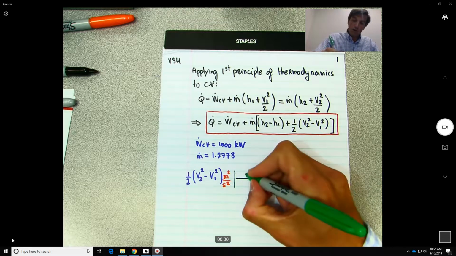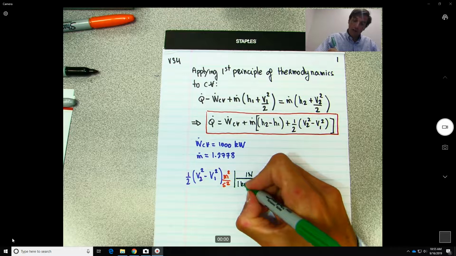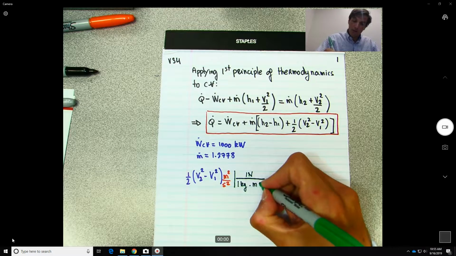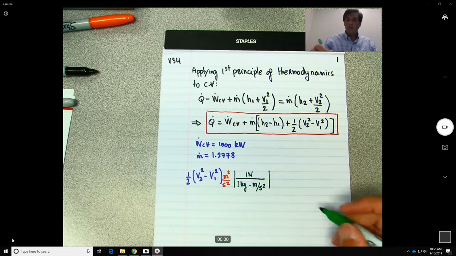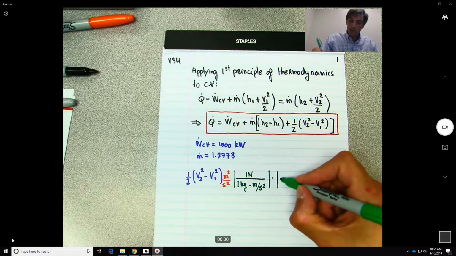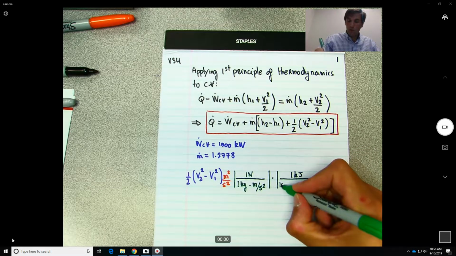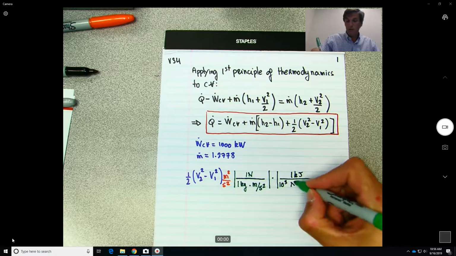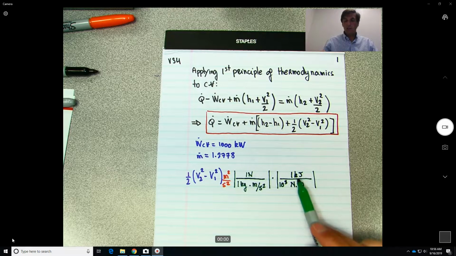So we're going to have 1 Newton equal to 1 kilogram meter per second squared. And then remember this is kilo, so we need to know that 1 kilojoule equals 1000 Newton meters. So that will give us the kilojoules.